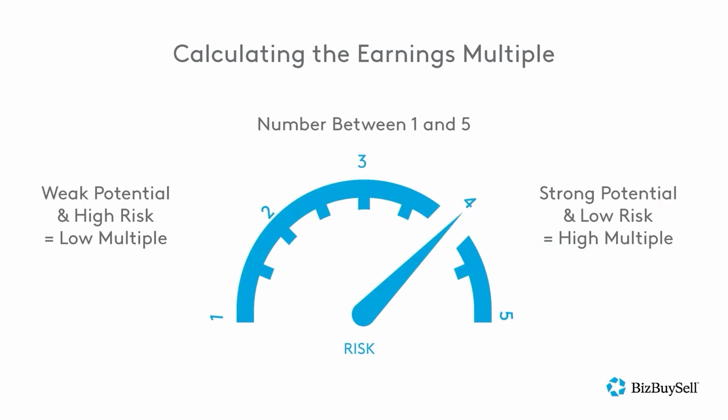Calculating the earnings multiple. The earnings multiple used in most small business valuations is a number between 1 and 5. Businesses with weakest potential and highest risk have the lowest multiples, and businesses with strongest potential and lowest risk have the highest multiples.